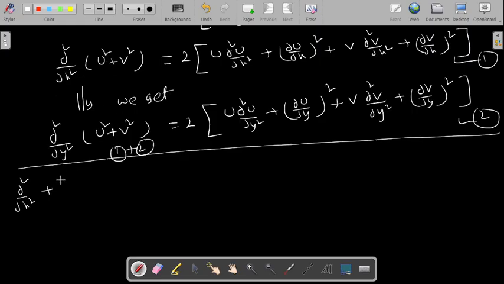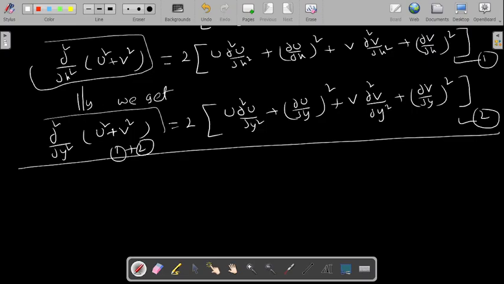So when you take that, ∂²/∂y². See one more time, left to left adding, right side adding. On the left side these two we have to add, this one and this one.